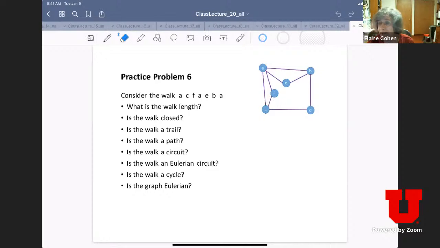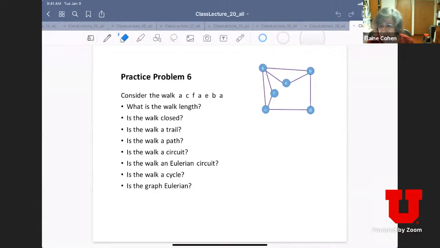Is the walk a path? Remember what a path is? No repeated vertices. Well, we definitely have repeated vertices here. The vertex A appears 3 times. The trail doesn't repeat edges. The path doesn't repeat vertices.